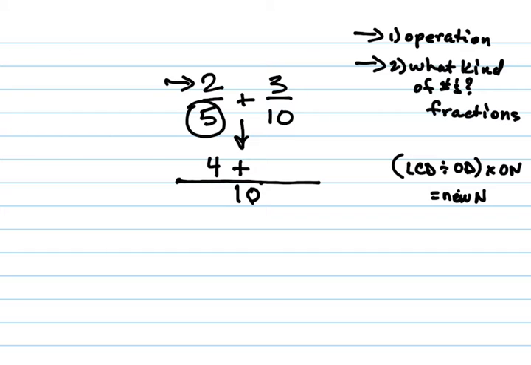We'll just all do it together. Come on, guys. Face forward. Listen. What is my LCD? 10. What was my other denominator? 10 divided by 10 is 1. And 1 times 3 makes 3. In other words, that numerator didn't change because that denominator didn't change.